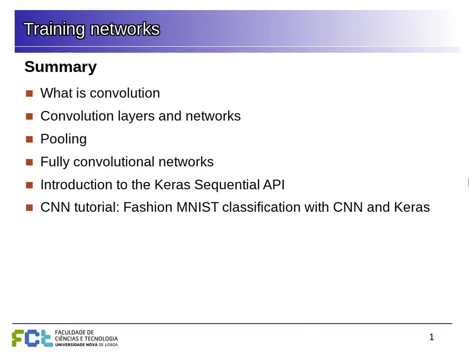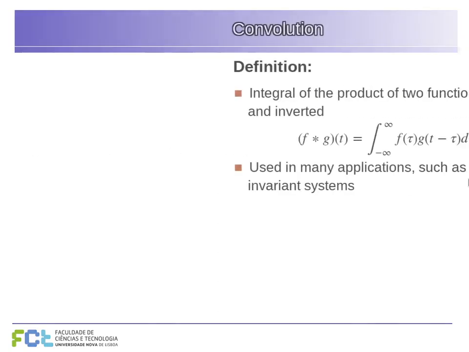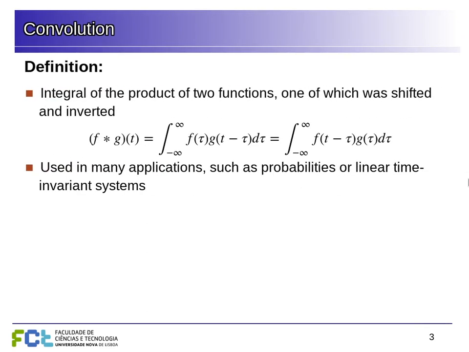I'm going to start by talking a bit about what a convolution is, and then we're going to see how to build convolutional networks using these layers, pooling, and the idea of also having fully convolutional networks for some particular applications. And for today, we are going to do an exercise using the Keras sequential API to create convolutional networks for classification.